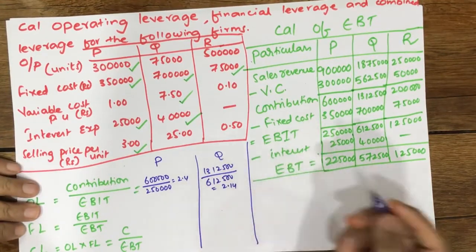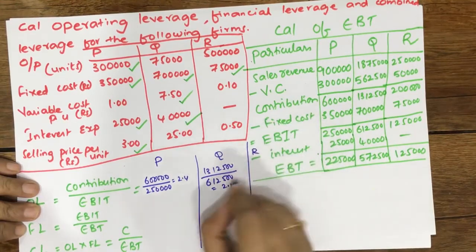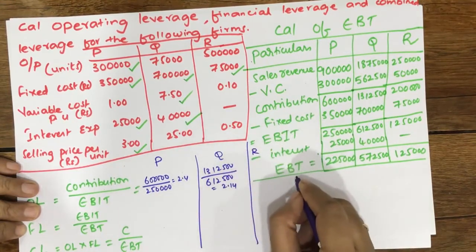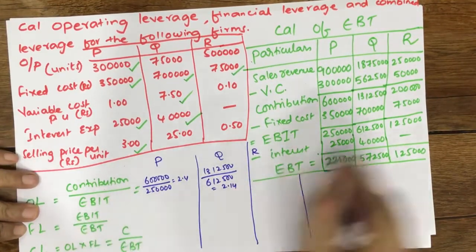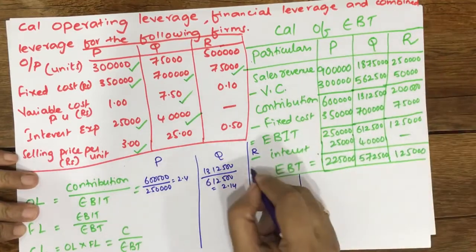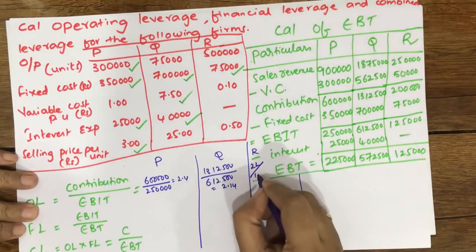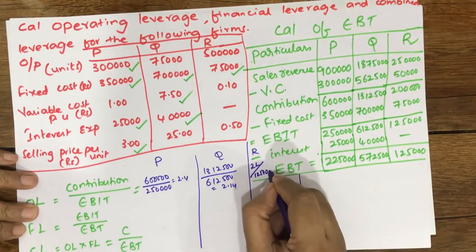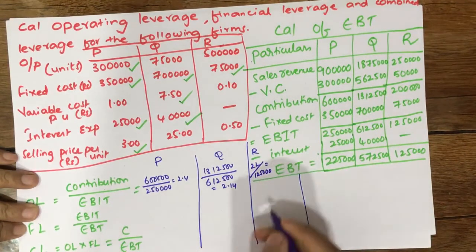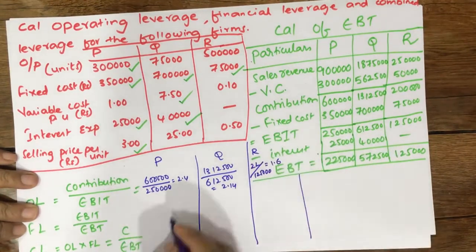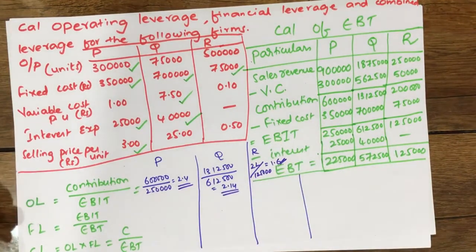And for firm R, contribution is 2 lakhs divided by EBIT 1,25,000, which is equal to 1.6. So 2.4, 2.14 and 1.6.